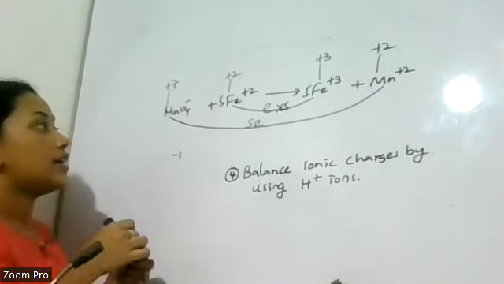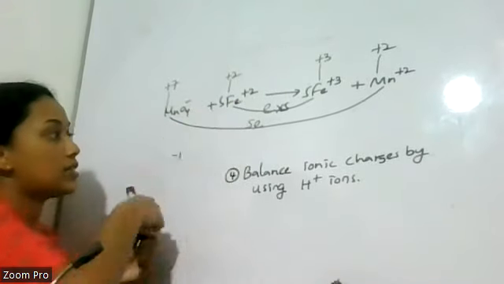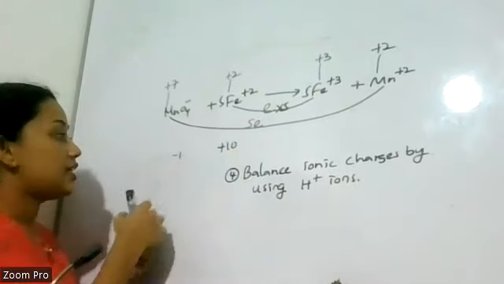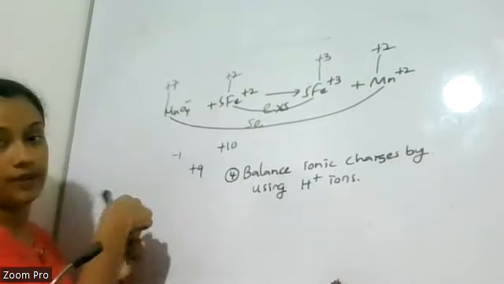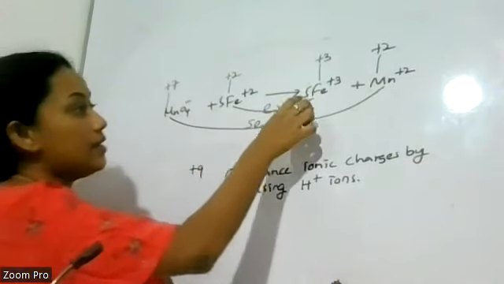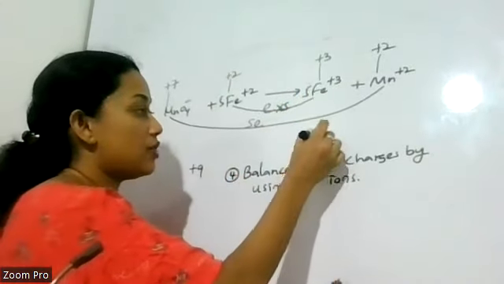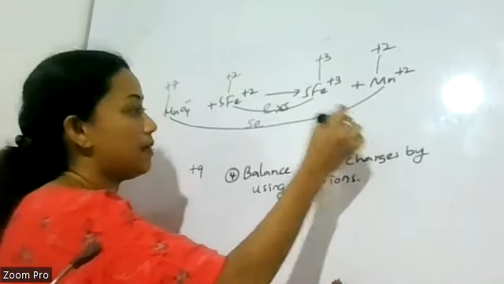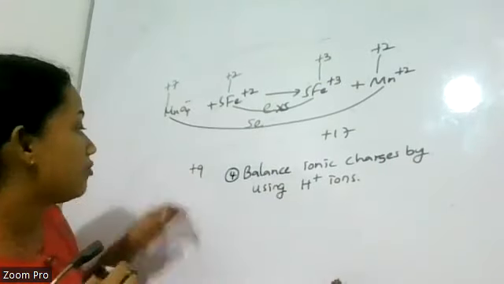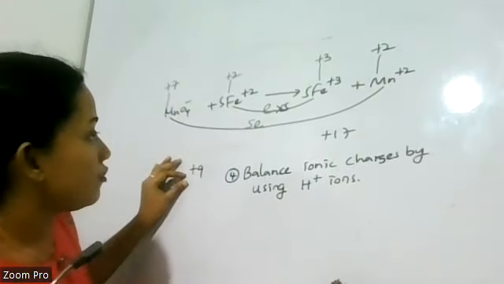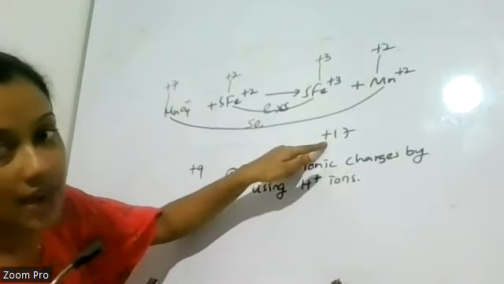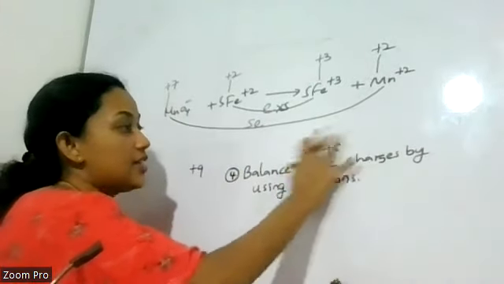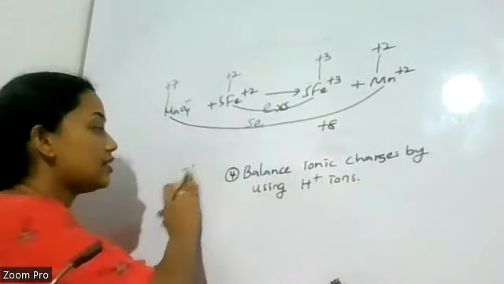Here 5 times plus 2 means plus 10 charges. The overall charge is plus 9 on this side. Here 5 times 3 is plus 15, plus 2, that means plus 17. What is the difference? 8 plus charges are additionally there.